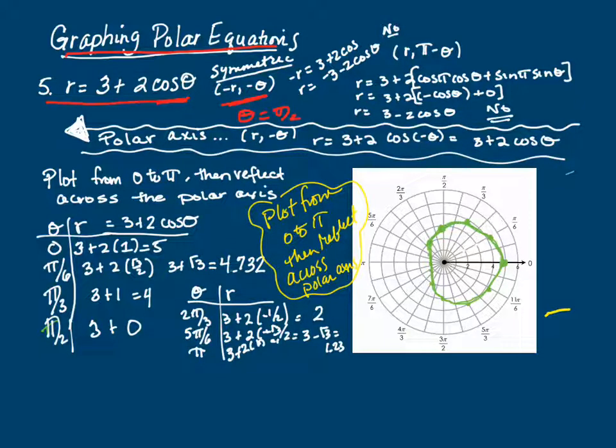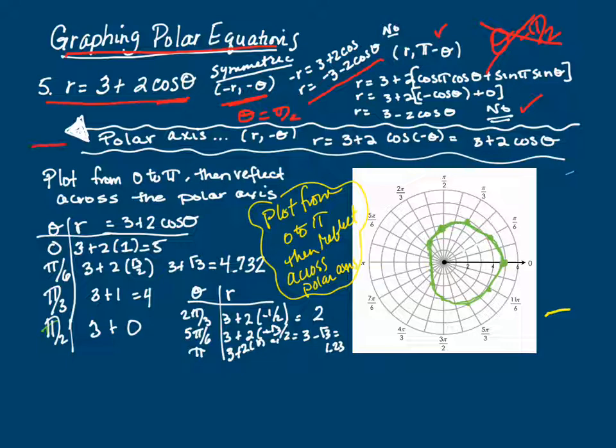Here I'm testing negative r, negative theta, and I get negative 3 minus, so that's a no for the first test. Then I test r with pi minus theta, which is part B of the first one, and that's a no also. You can work that out on your own. So it's not symmetric to theta equals pi over 2, so that doesn't help me.